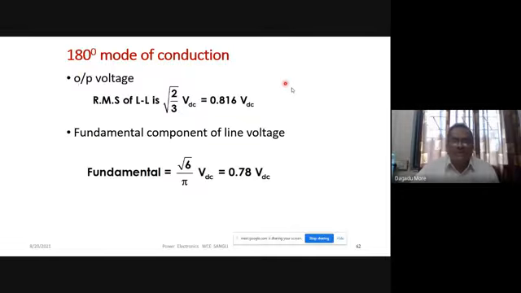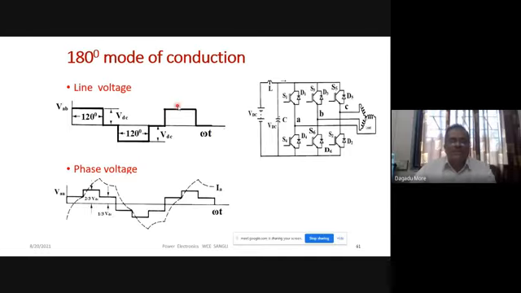We want to find out, with the help of our earlier analysis, we have the expression for AN. From that you find out the fundamental component, and for this particular voltage you can find the RMS value.